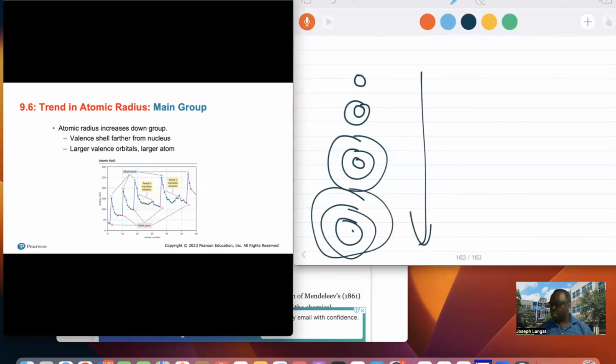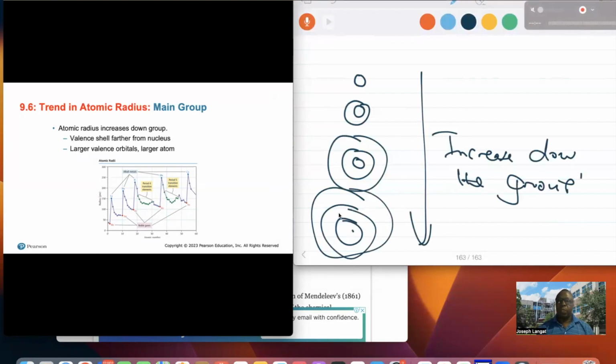So it increases down the group. For a particular group, the outermost energy level keeps increasing, making the atomic radius increase. So that's one of the trends on the periodic table for main group elements.